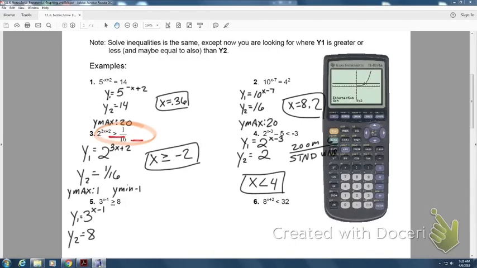All right, Dalton, what did you get on number 5? X is equal to or greater than 2.9. What is the 2? Is it 2.89? If it's 2 decimal places.